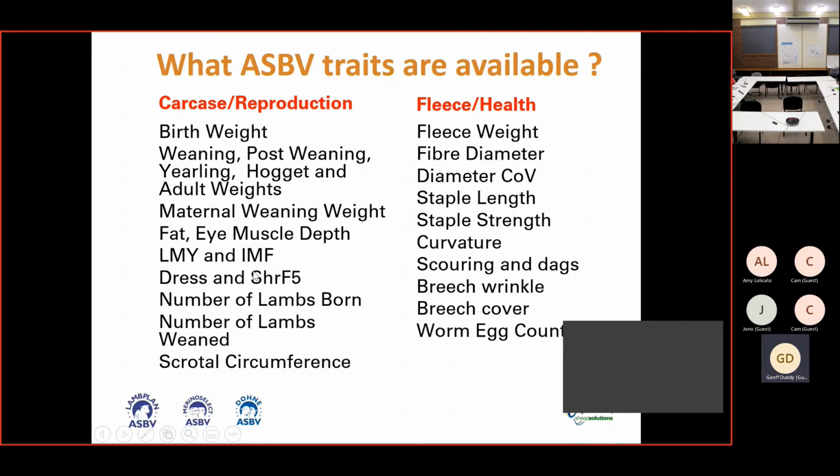IMF in particular is very important in terms of eating quality, which is really gaining momentum. Dressing percent, shear force 5, which again relates to eating quality. We have our fleece characters like fleece weight, fibre diameter, CV, staple length and the like.